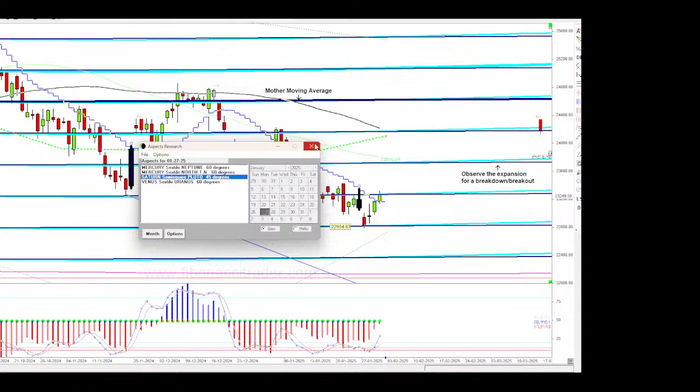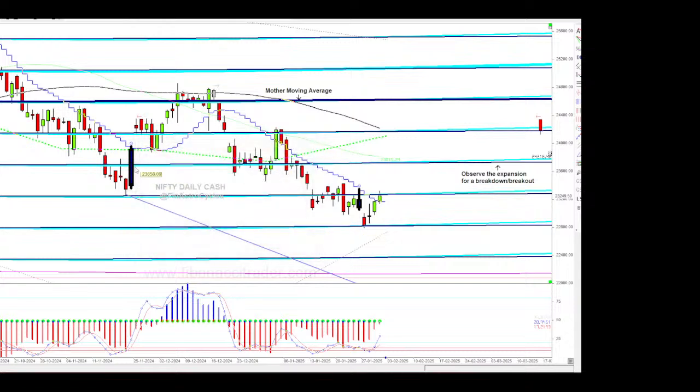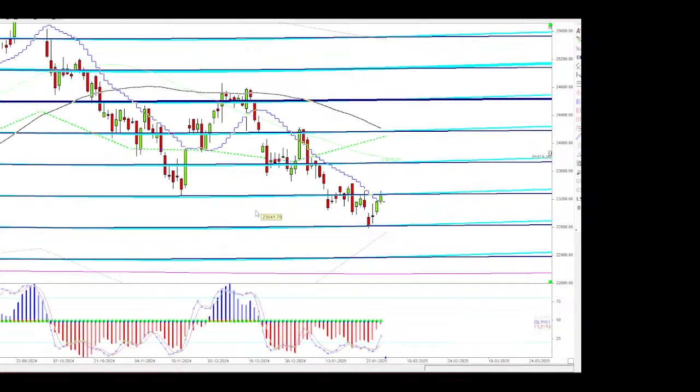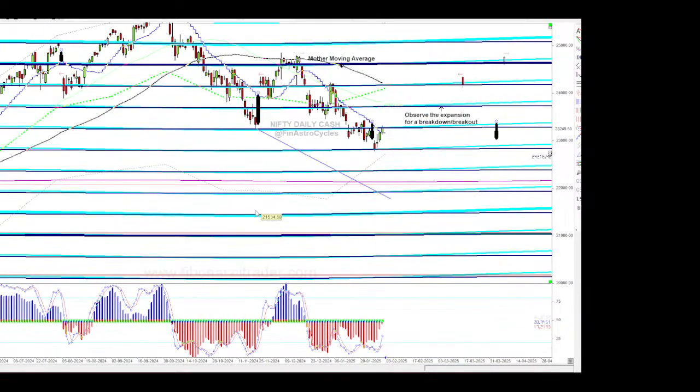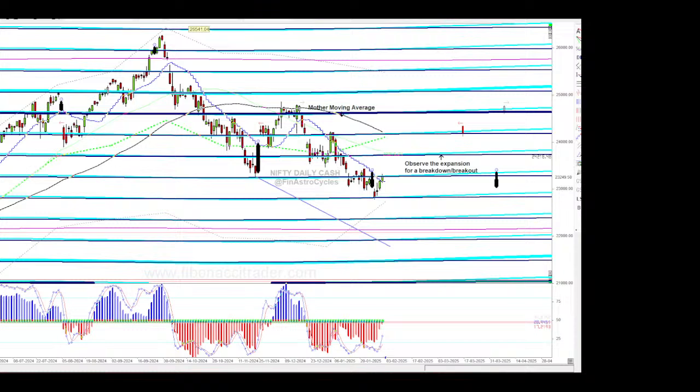Now why is this very important? Because the market is falling for almost how many weeks? Let's see. 1, 2, 3, 4, 5, 6, 7, 8. One fall, then 1, 2, 3, 4 weeks rally, then 5, 6, 7, 8, 9, 10.